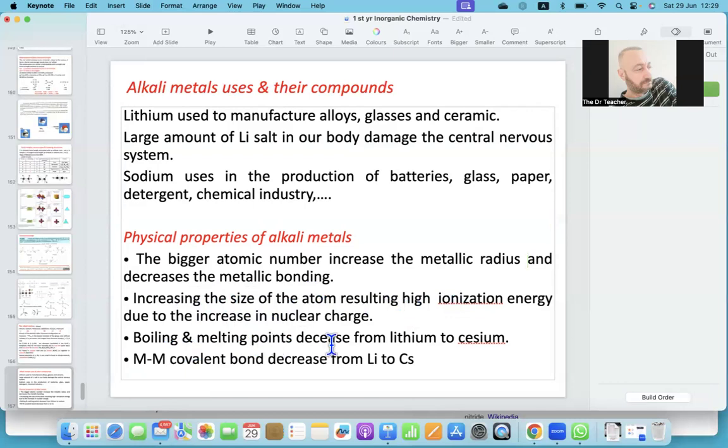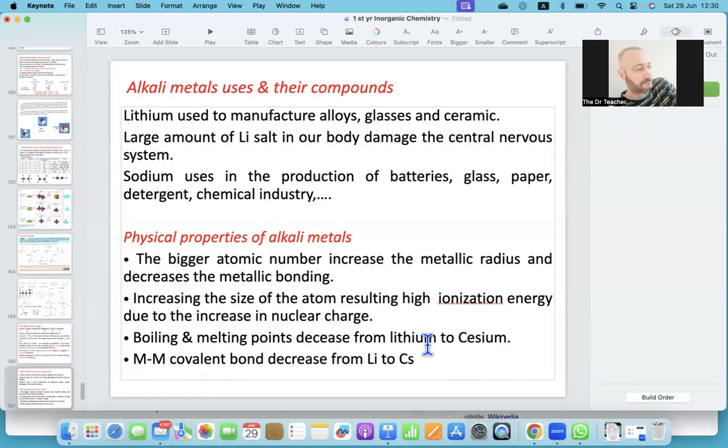Boiling and melting points decrease from lithium to cesium. So the melting and boiling points decrease from lithium to cesium. As we said, we are giving energy to the electrons to escape or to go to a higher energy level.